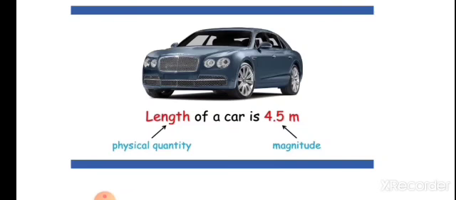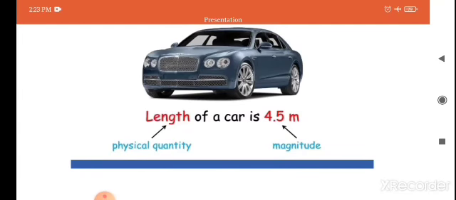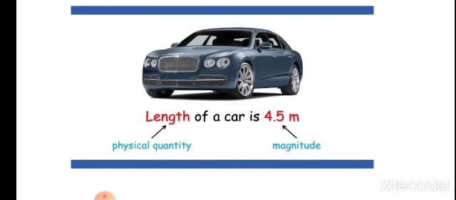Now in this slide you can observe that the length of a car is 4.5 meter. Here length is a physical quantity, and 4.5 is its magnitude. Magnitude means it's a number. So here the length is a scalar quantity.